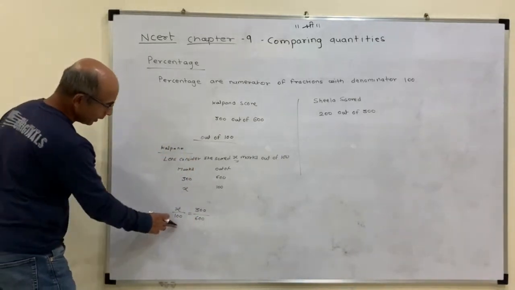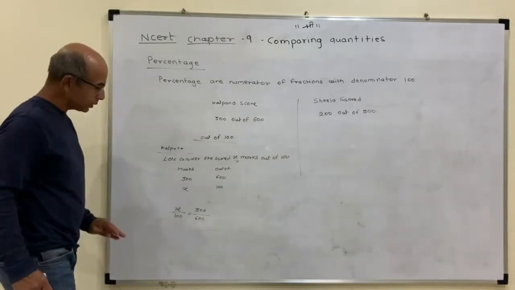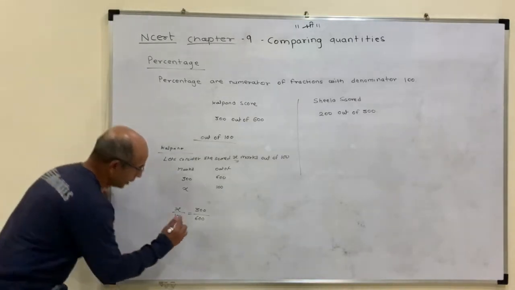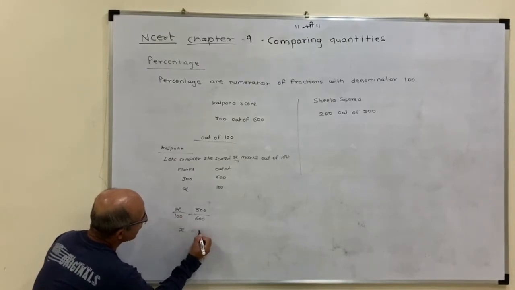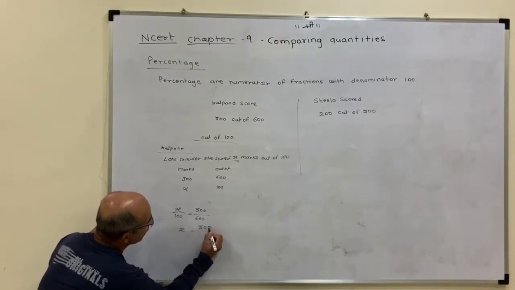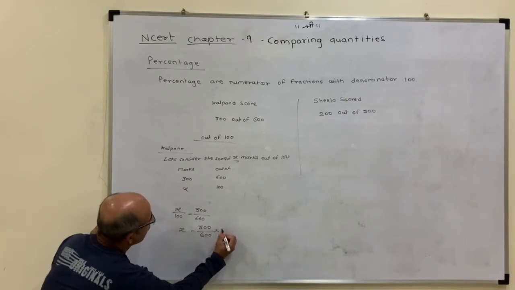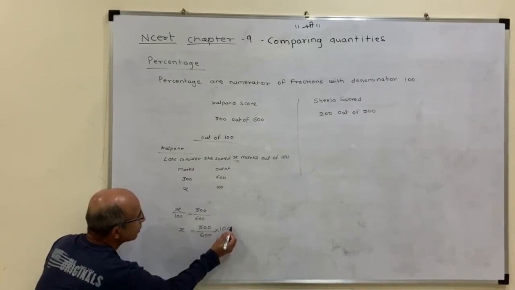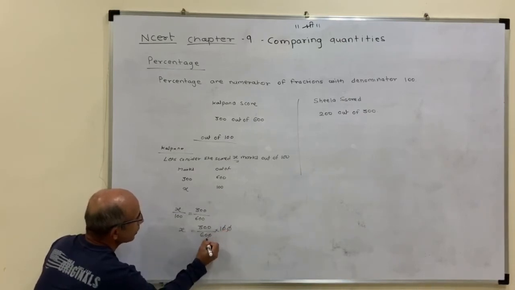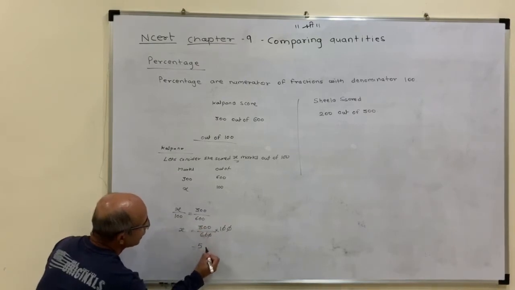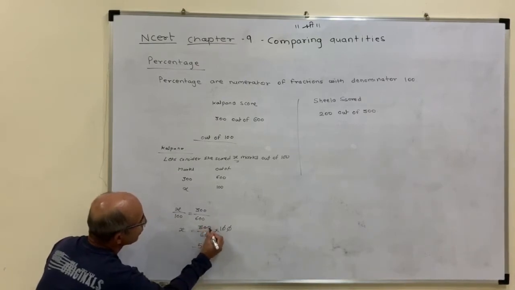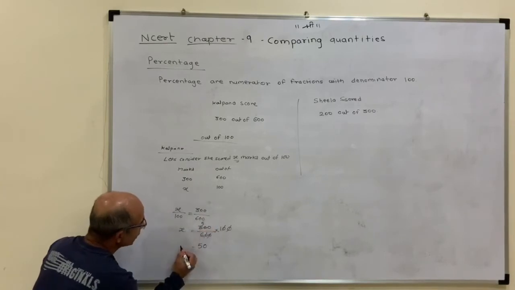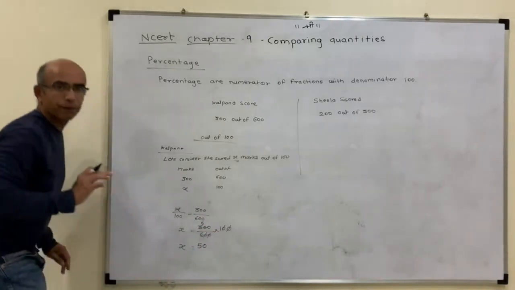Now I am going to transpose X from the left hand side to the right hand side. So X equals 300 divided by 600 into 100. 6 5s are 30 and this 0. So X equals 50.